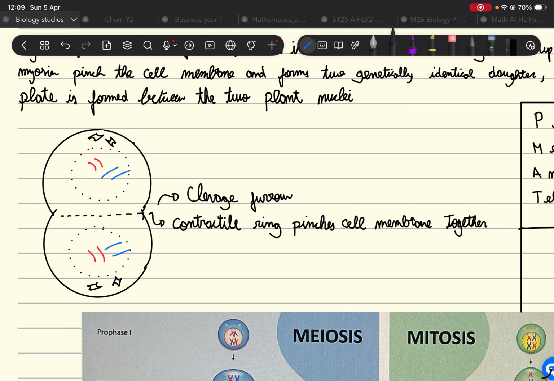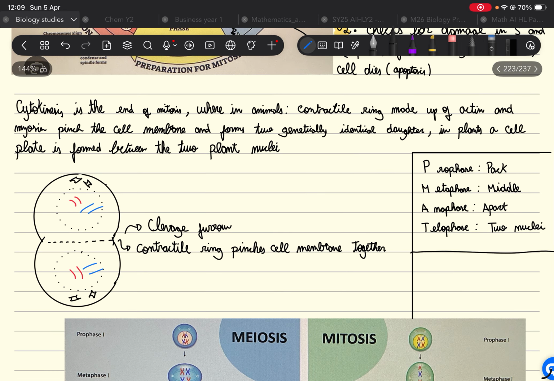And then you press it with all your strength in the middle, and you see that will take up the format of almost like two breads because it's split in half. Now, when you cut the bread, you're going to almost have two breads, right? So this is what's happening. We have this contractile ring that pinches the cell membrane together until you have two cells. And these two cells are genetically identical daughter cells.